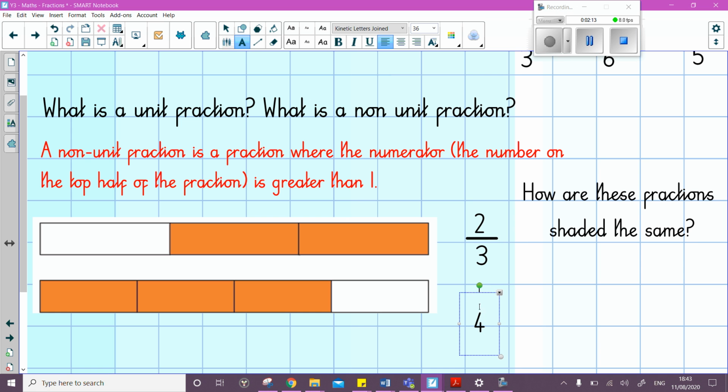How many are shaded? There are 3 shaded, so 3/4 are shaded orange. Now, what is the same about these fractions? The similarity is that they are both non-unit fractions because the numerator in each is greater than 1.